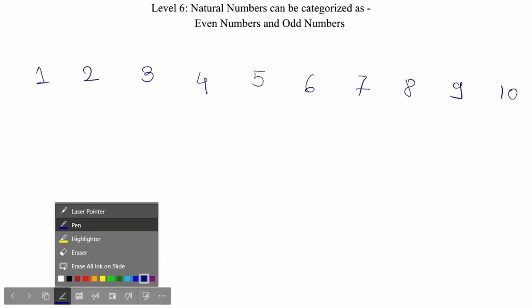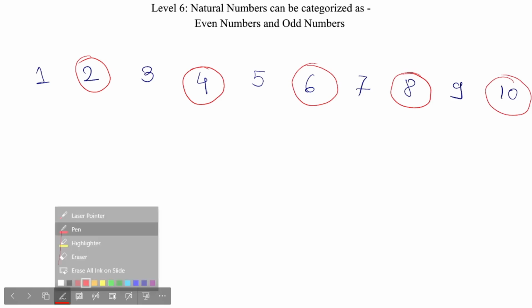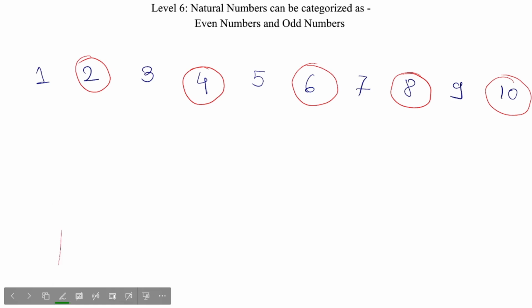I am going to denote one kind of number with a red color: 2, 4, 6, 8, 10, and another kind of number with, let's suppose, a green color: 1, 3, 5, 7 and 9. So what do you conclude from the circling of the numbers? You observe on the screen that alternate red and green numbers are present.